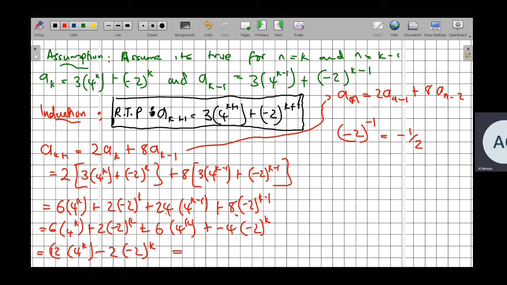So we have to take out the 4 in the 12. That's going to be 3 times 4^(k+1). Then obviously here we are fine, because that's a plus here. We take it. Then there's going to be (-2)^(k+1). Then you go to the last part, which is the conclusion. Good. All right?